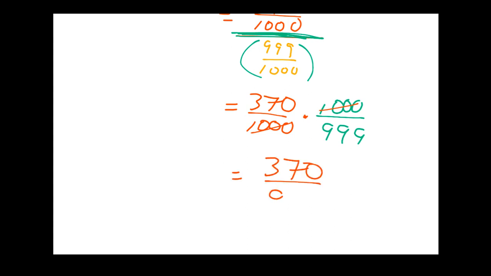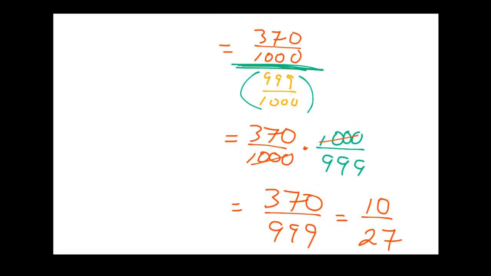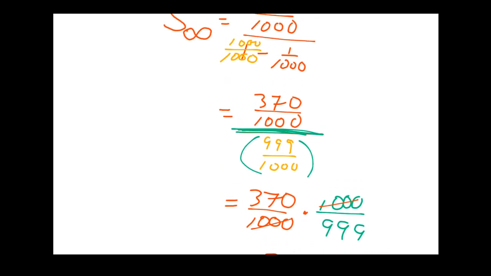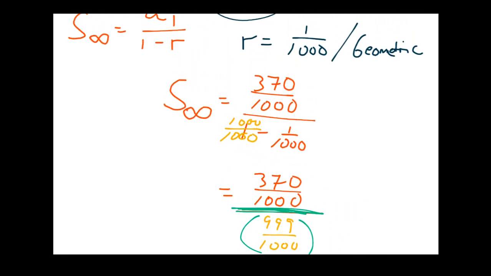370 over 999. Now, 370 over 999 just so happens to reduce by 37s. If you reduce it by 37s, you get 10 over 27. But it's more the process that we're interested in here. And again, the process, if you work backwards, is to create an infinite series formula.